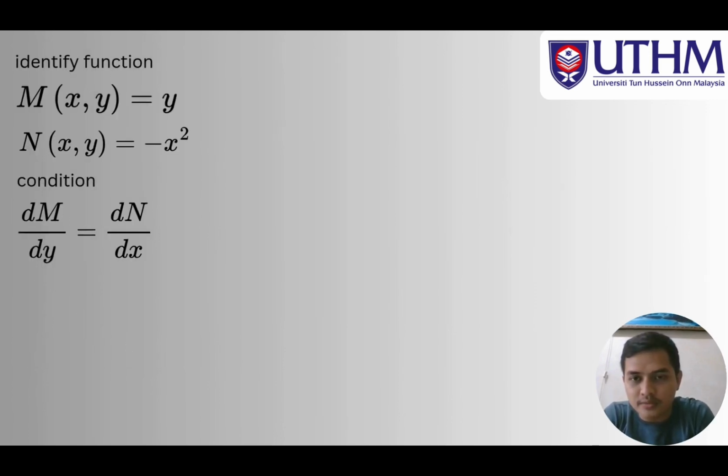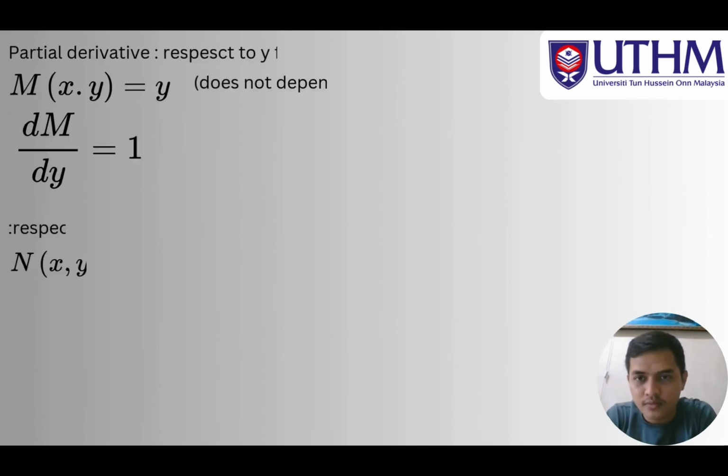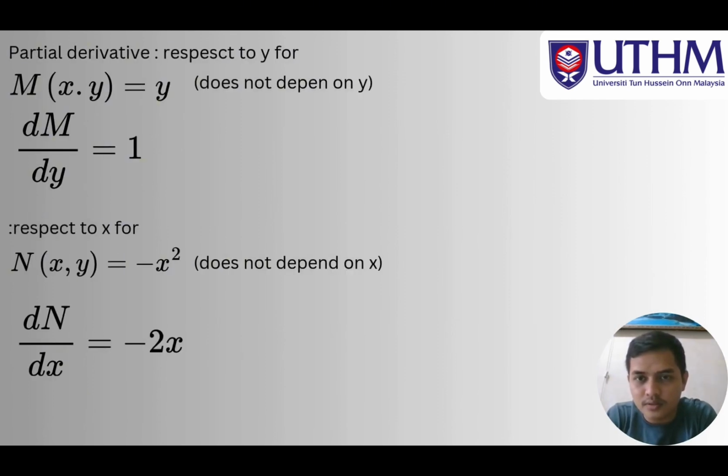So we got M(x,y) equal to y and N(x,y) equal to minus x squared after we simplify. The partial derivative of M(x,y) equal to y with respect to y gives delta M over delta y equal to 1, and N(x,y) equal to minus x squared with respect to x gives delta N over delta x equal to negative 2x.